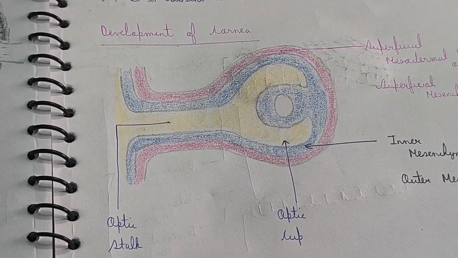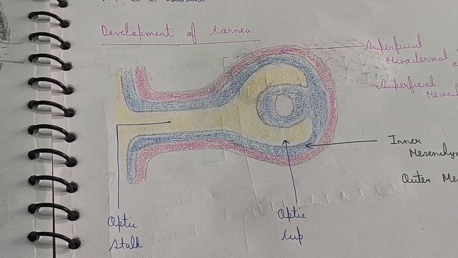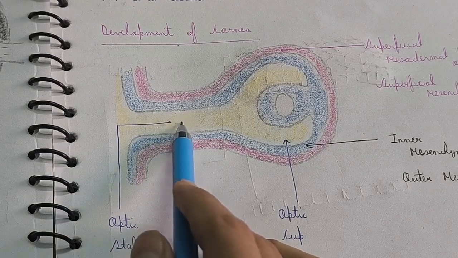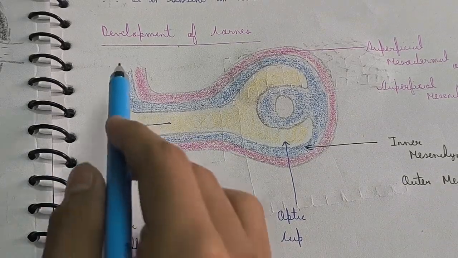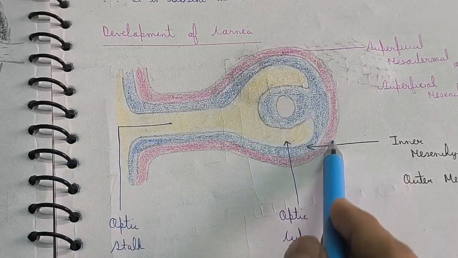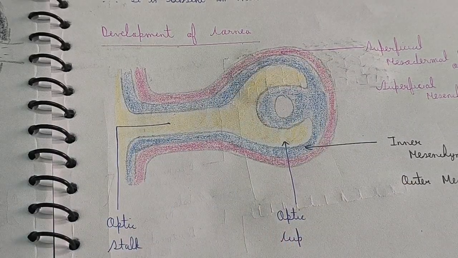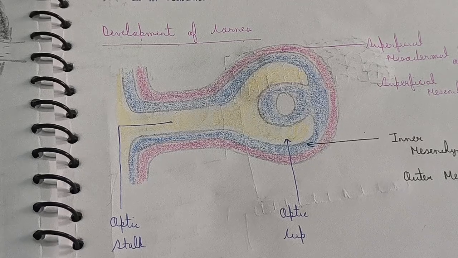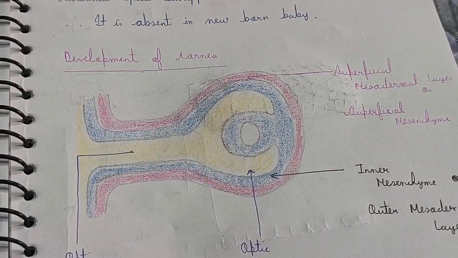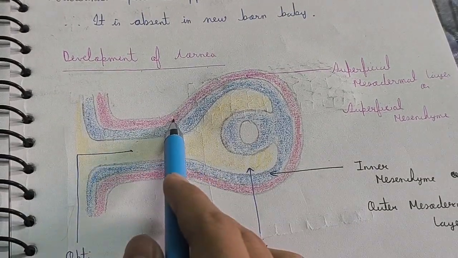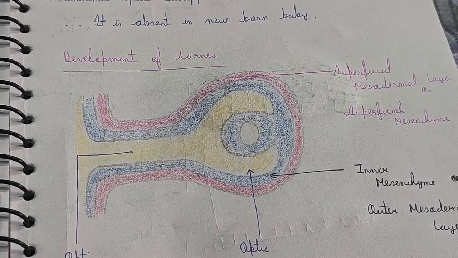Now I want to discuss the development of the cornea. As you already know, this is the optic stalk, and around the optic stalk mesodermal layers are present, and these mesodermal layers are divided into two parts, superficial and inner. So superficial mesodermal layer and inner mesodermal layer.